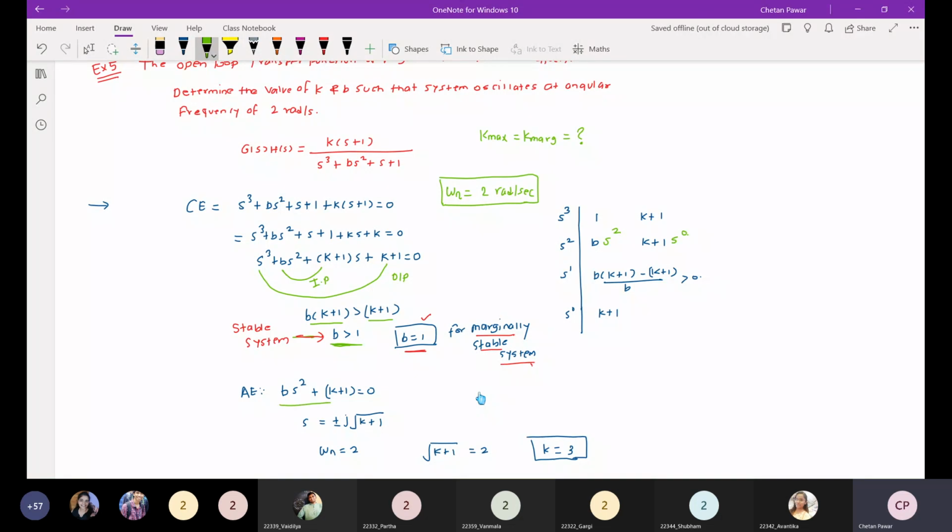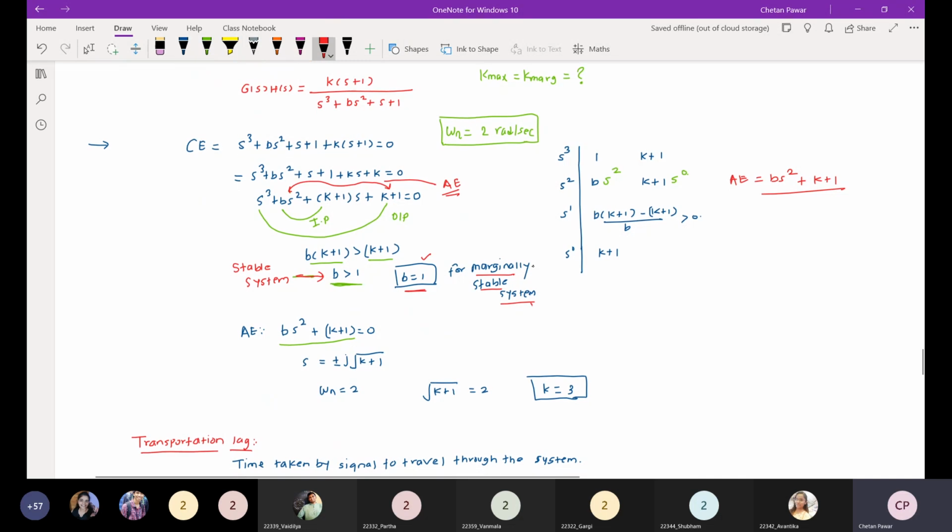So the auxiliary equation is b s square plus (k plus 1), and in that we found b is equal to 1.